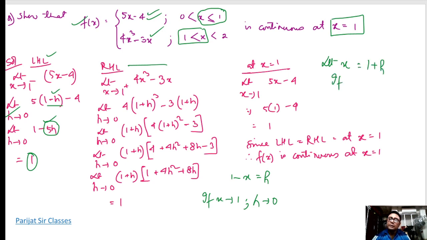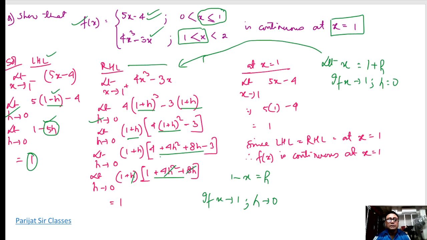So if x tends to 1, h tends to 0. In place of x, I have taken 1 plus h. Now taking this common and opening this, we keep putting the value of h as 0. So this goes, this goes, this goes, it is only 1.